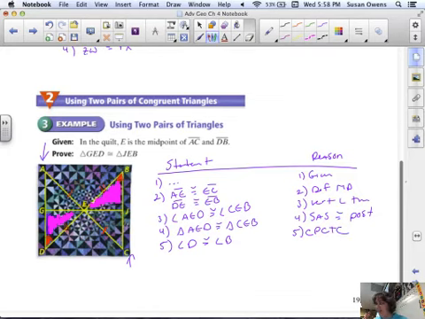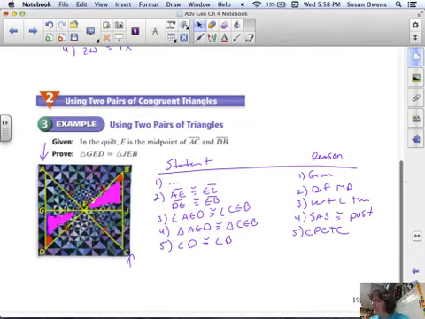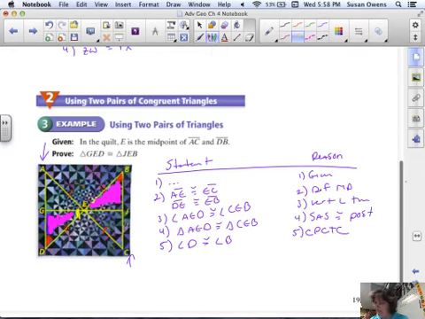And then the last one, if you take a look at these two interior angles, actually let me get a different color so you can see it again. It's yellow. If you take a look at this angle right here and this angle right here, they're vertical angles. And so I can say that they are congruent.